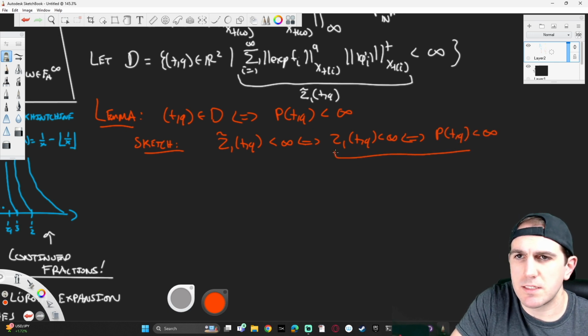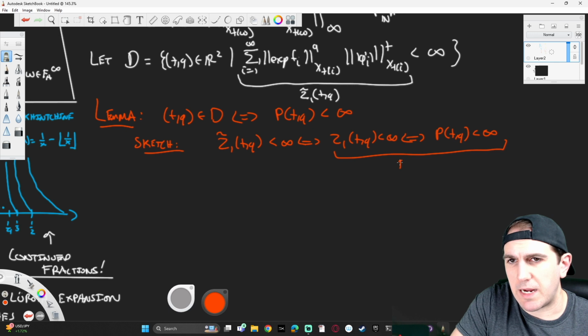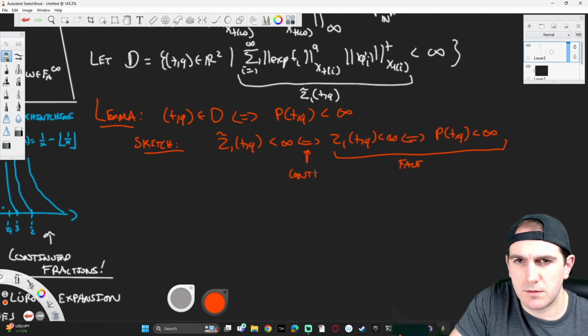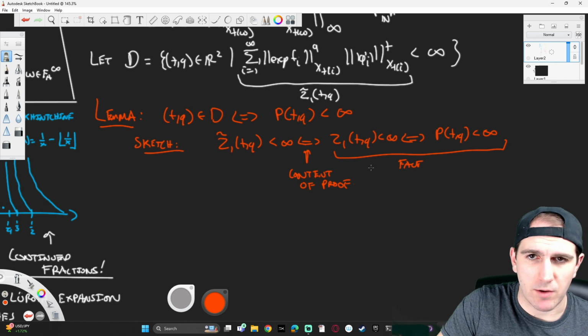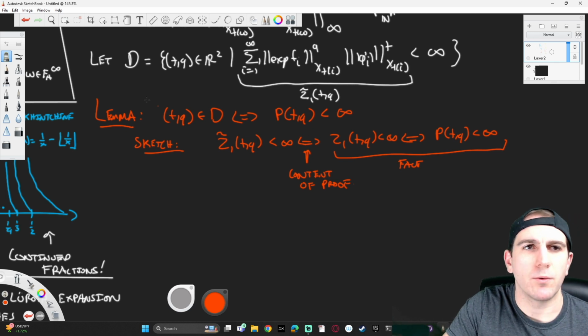And this is a fact. The content of the proof comes in that first if and only if, which again just comes from doing some bounding above and below.